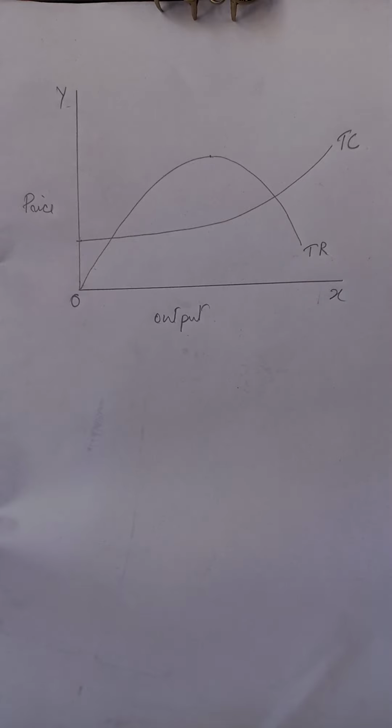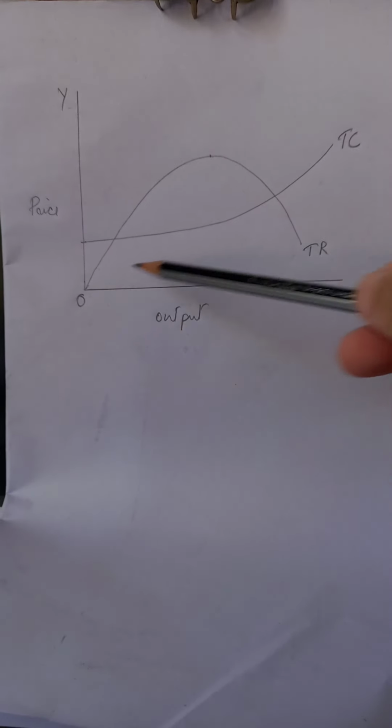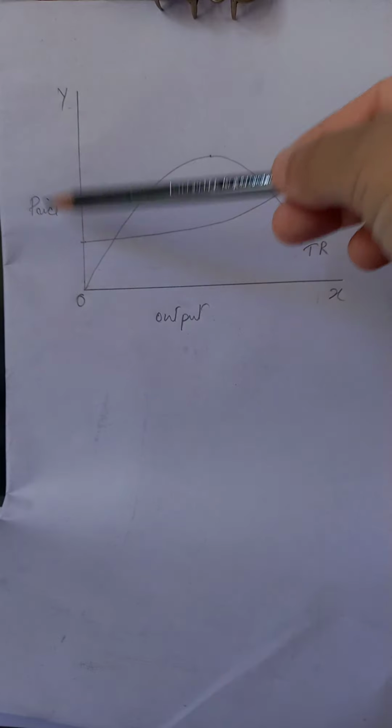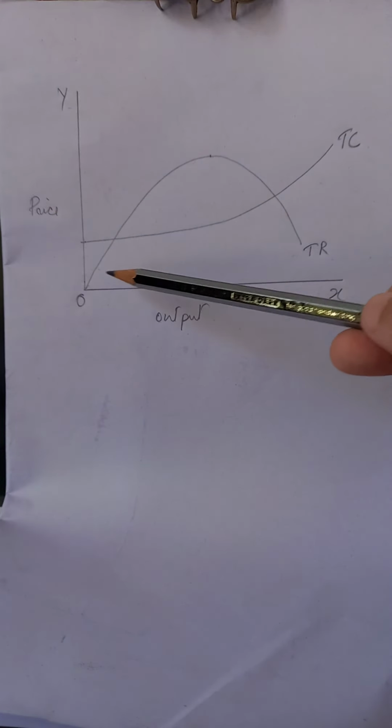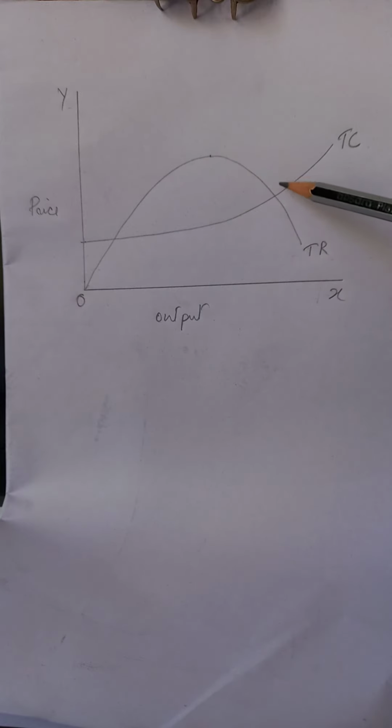Let's have a look at that. In the figure, we have the OX axis measuring the level of output. We have the OY axis measuring the price level. We also have this curve which originates from the origin, which is the total revenue curve.